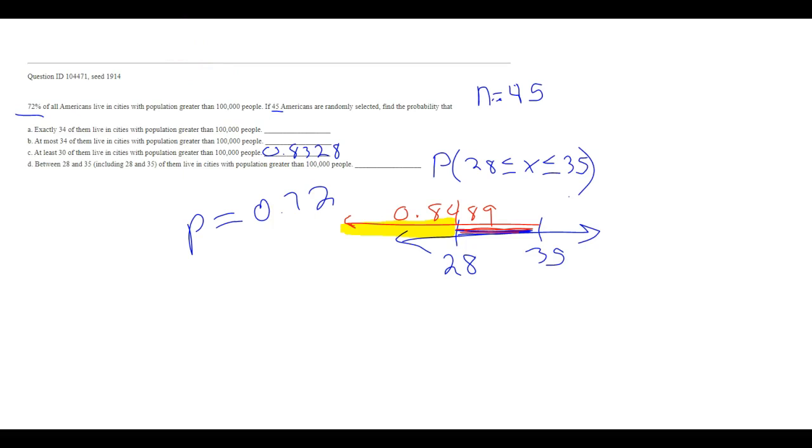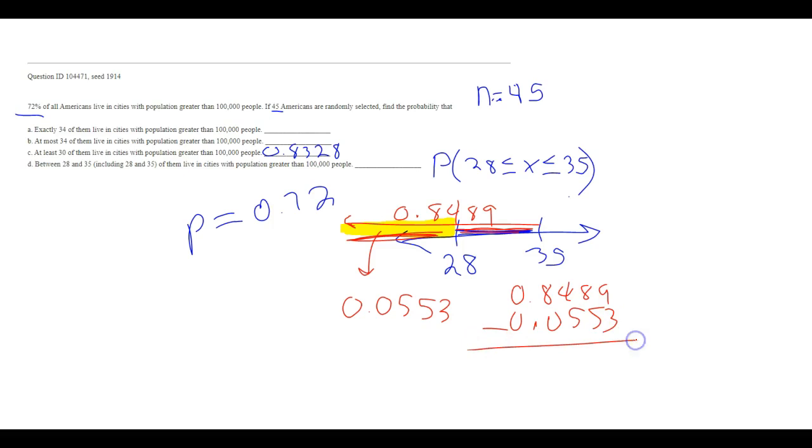So let me go back here and select my pen. And so this yellow part right here is 0.0553. So I want to do 0.8489 and subtract out this part right here, 0.0553, which we just found.